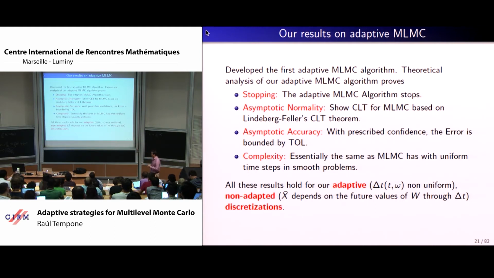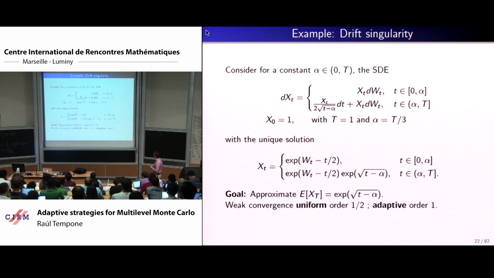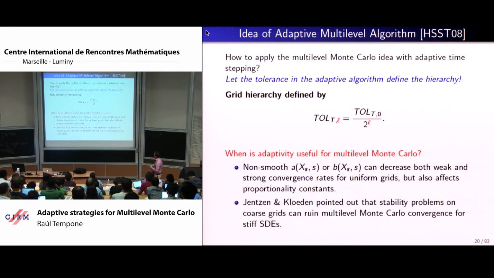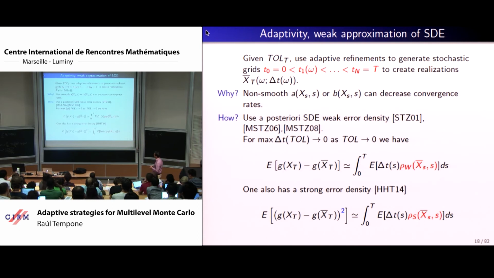Why? It's because the densities essentially involve variations of the final value with respect to the current value. So essentially, they may need, for example, derivatives with respect to the position xn of g of x at capital T. This quantity is not adapted, right?